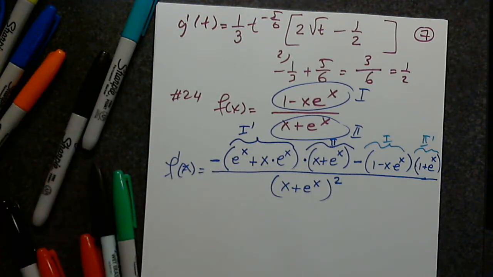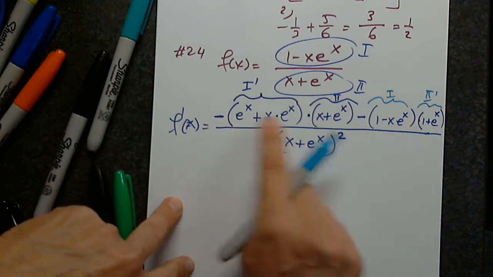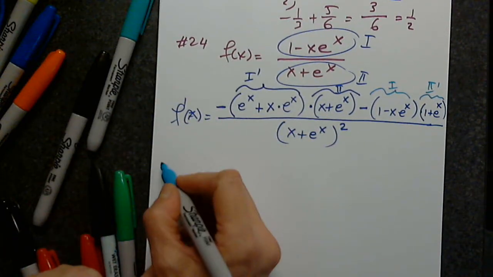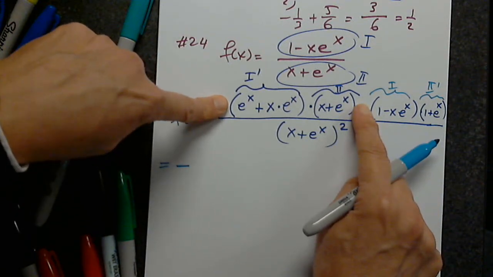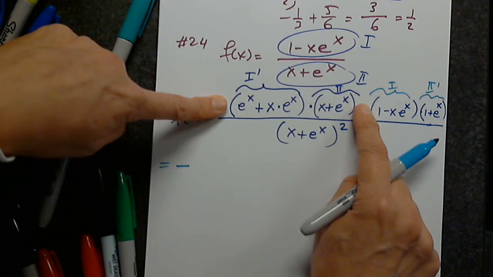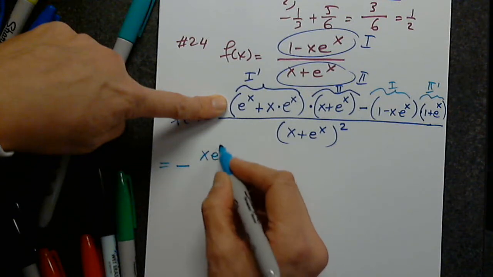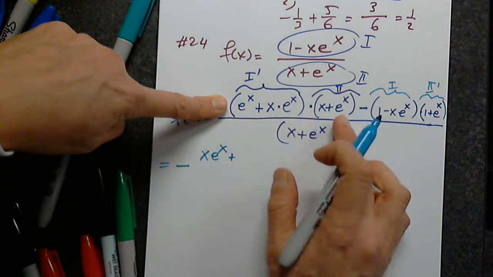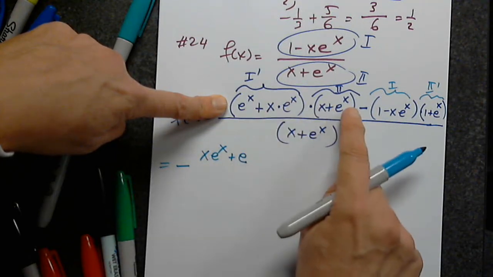I have to distribute, combine like terms, simplify the top as much as I can. So, because these two products have minus in front, I recommend let's take the minus outside, and now everything is positive. I don't want to have to distribute so many negatives. I may forget. So I distribute e to the x to these two terms, and I get x e to the x plus x squared. Copy the base, add the exponents.